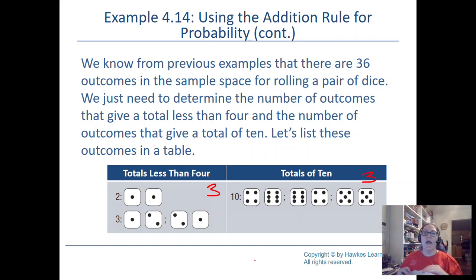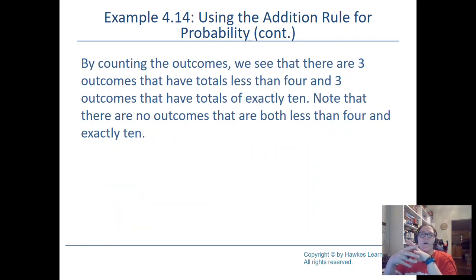But remember, all outcomes of rolling a pair of die, just from the basic, if I roll a pair of die, how many different outcomes are there to begin with is 36. Okay? Now, here's the thing that you want to know. Remember the and. So by counting all the different outcomes, we can see that there was 3 for the totals less than 4.